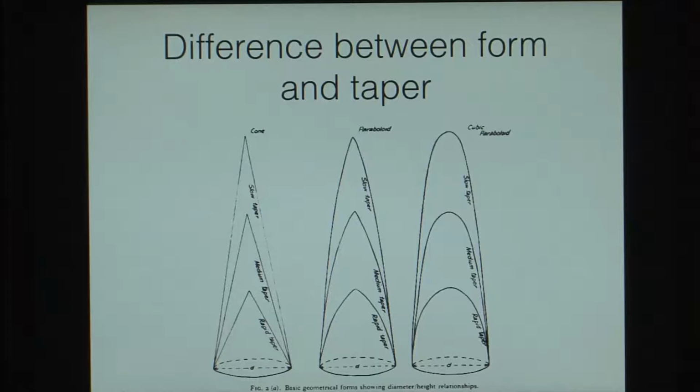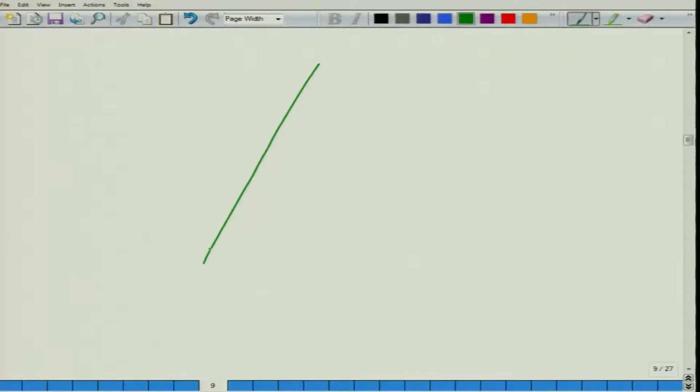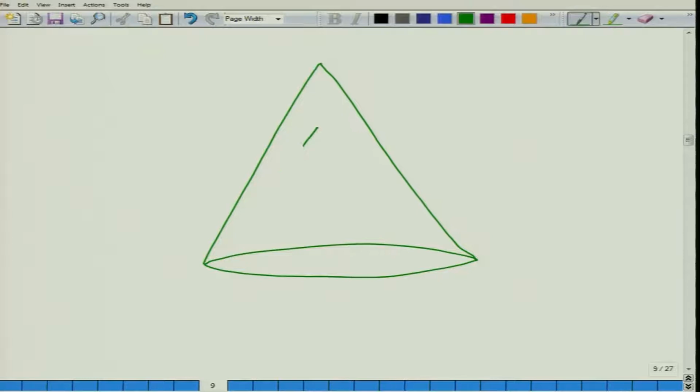Let us concentrate on the very left side figure, which is the conical figure. In this figure we are seeing three different cones. All three have the same base, but they taper like this and like this.